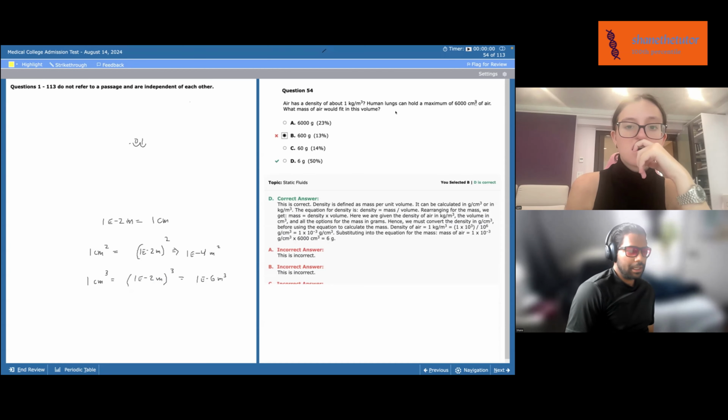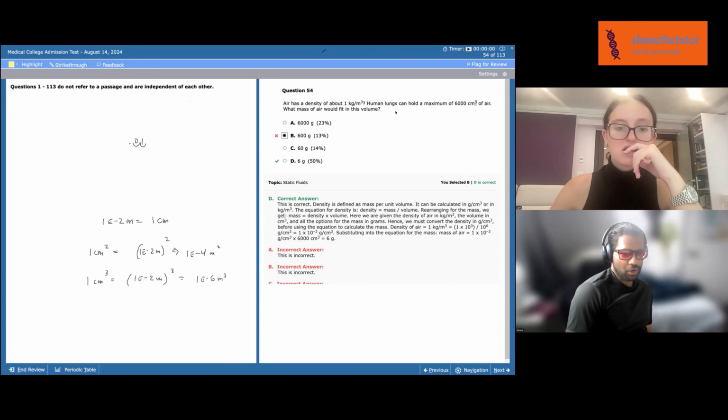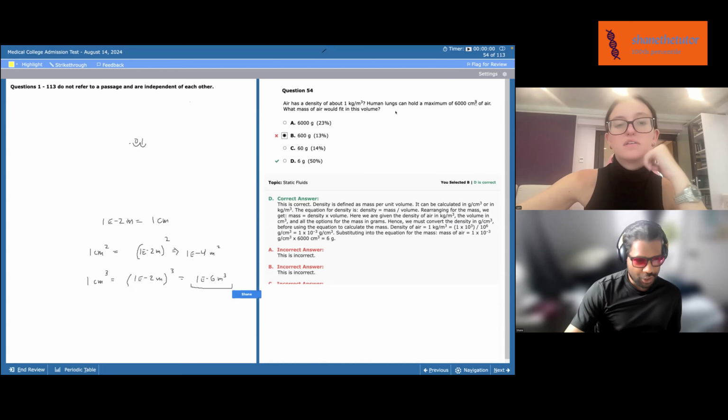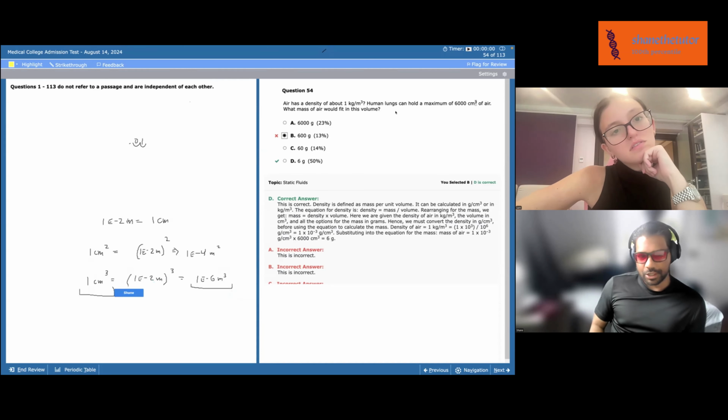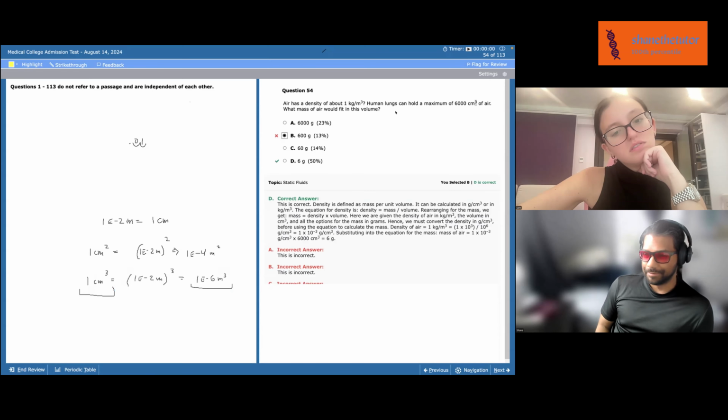So, air has a density of about 1 kilogram per cubic meter. This means that 1 cubic centimeter is equal to 1 millionth of a cubic meter, right?